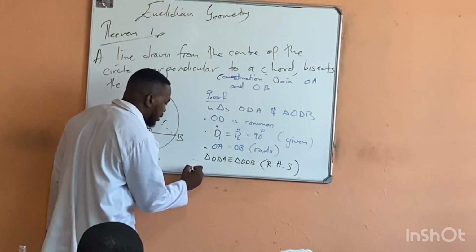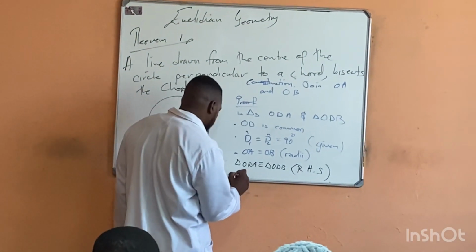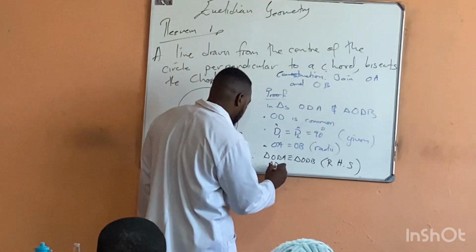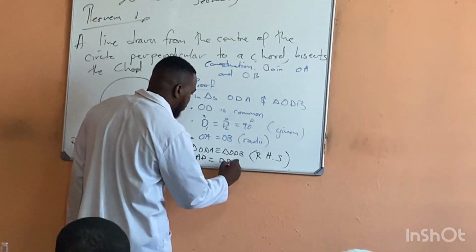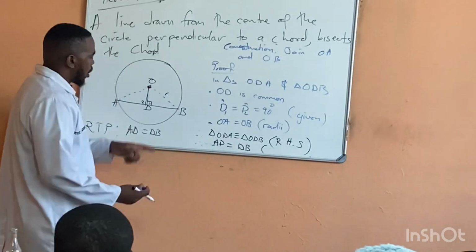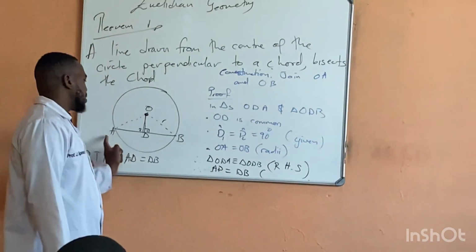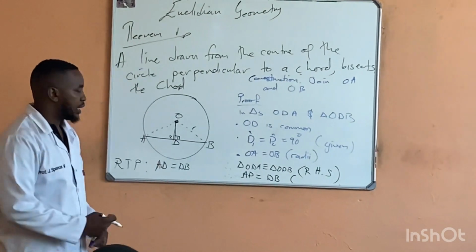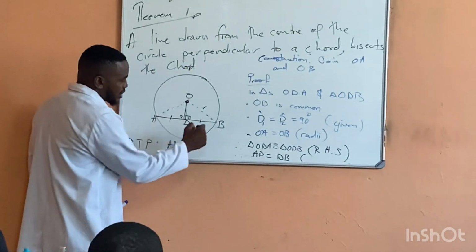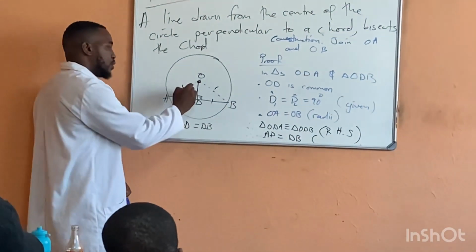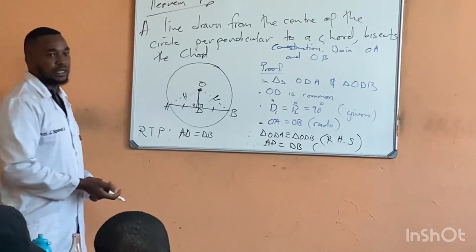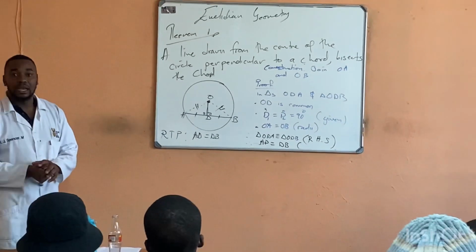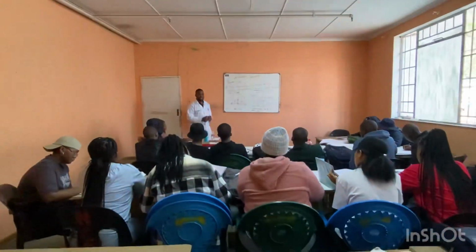Then we can now say therefore AD is equal to DB. The reason: OD is a perpendicular bisector of AB. So in other words, AD is equal to DB. And also these two are equal to each other. This is theorem number 1. Any questions?